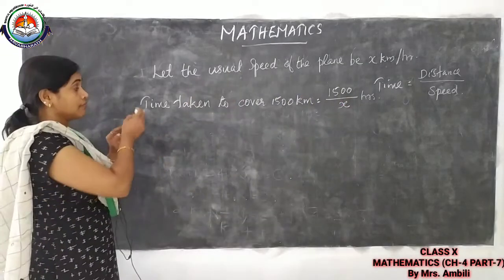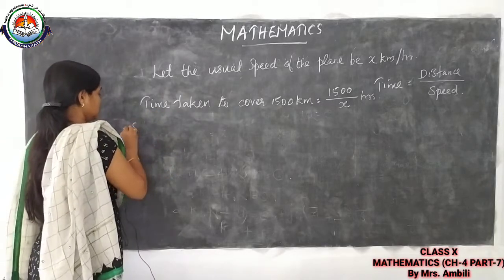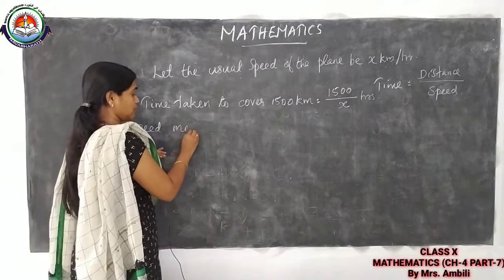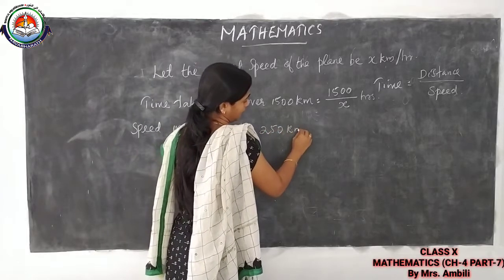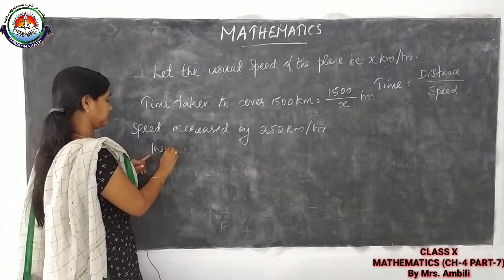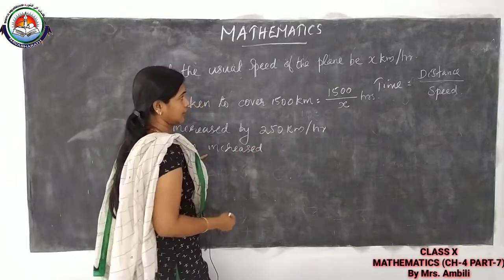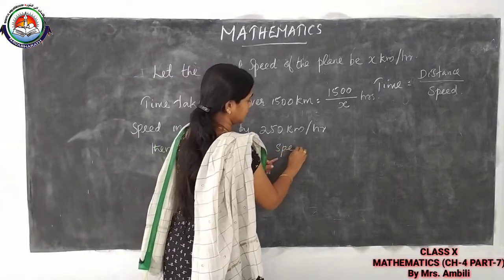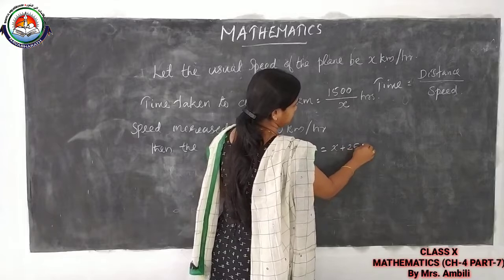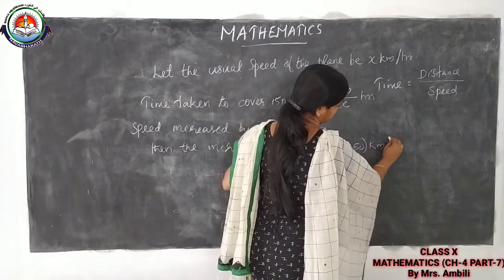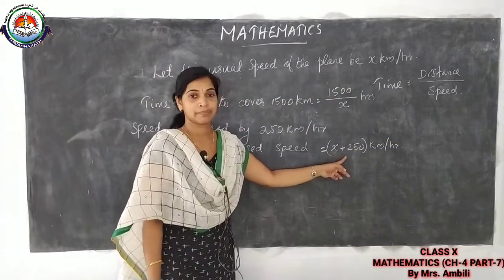Then when the speed increased by 250 km per hour, the increased speed equals x plus 250 km per hour.